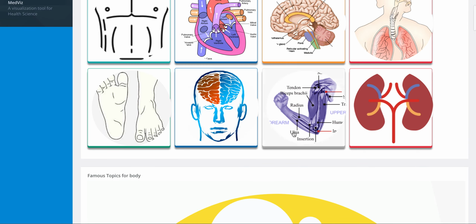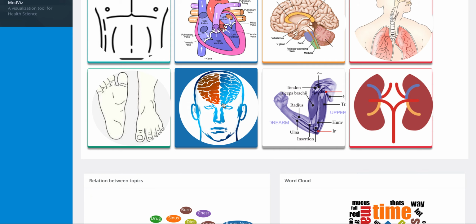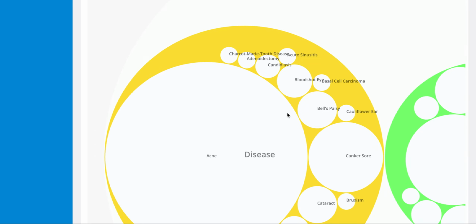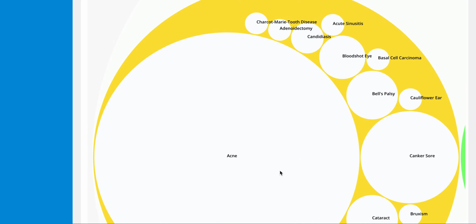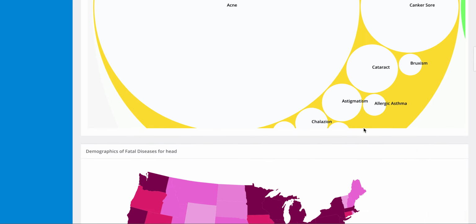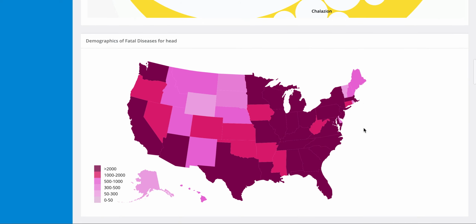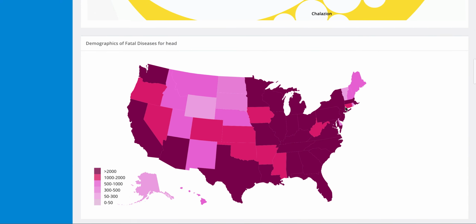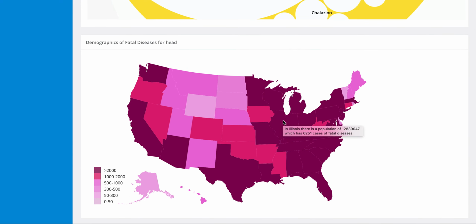Let's say I'm going to choose head, and then we get some visualizations for head. Let's say I'm clicking on acne. For head, we can see that the number of casualties is very high, the density is very high.